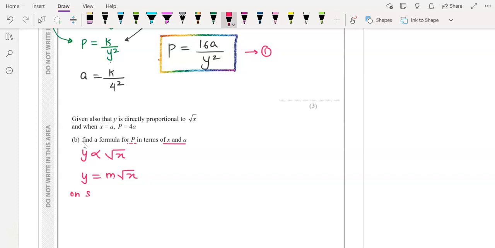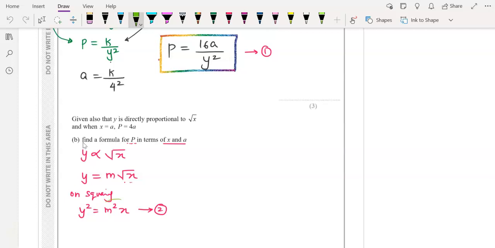So on squaring both sides, you get y will become y square, m will become m square. The root x, when you square, you will get x. Now we can substitute the value of y square is m square x.